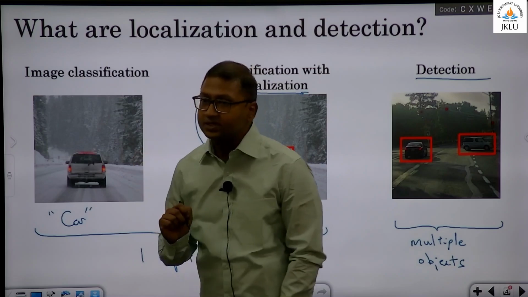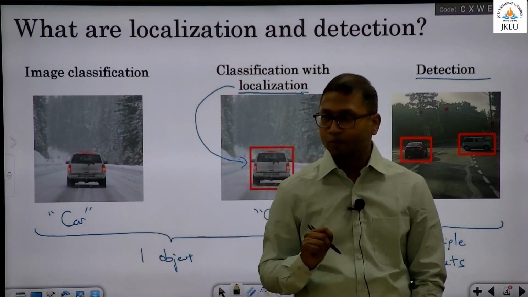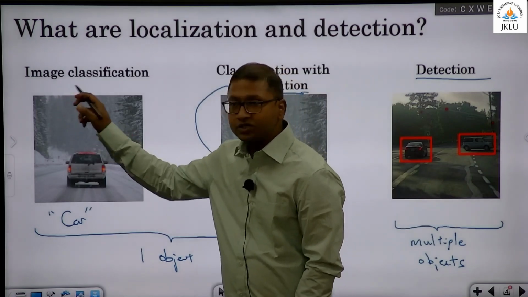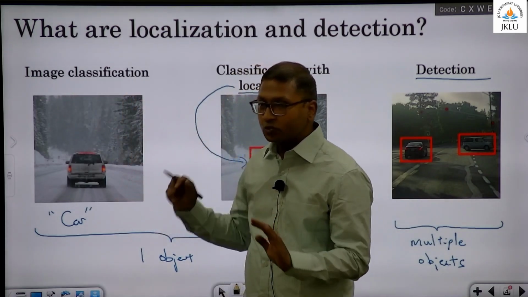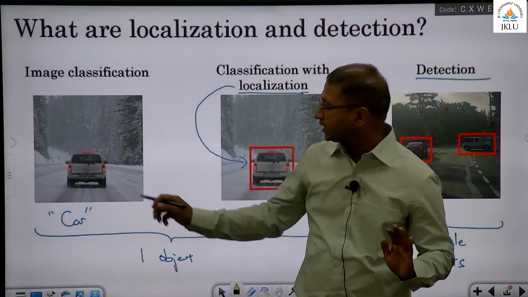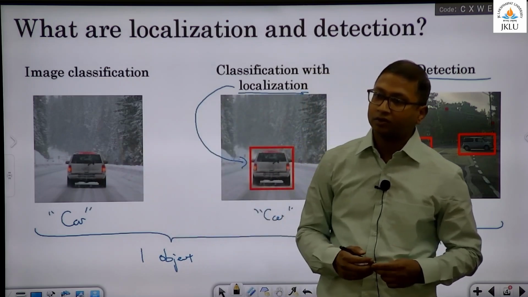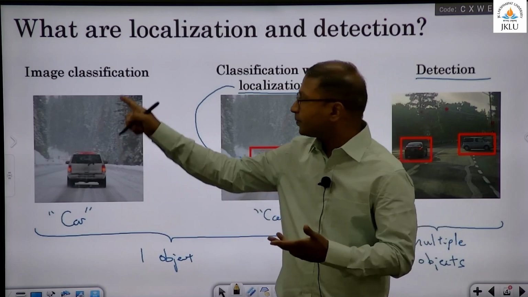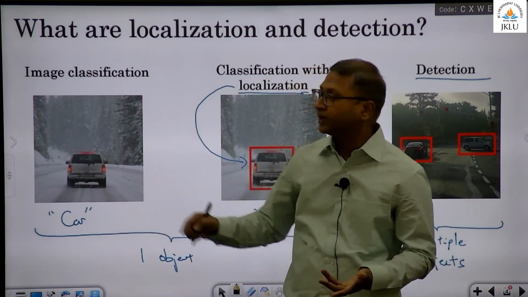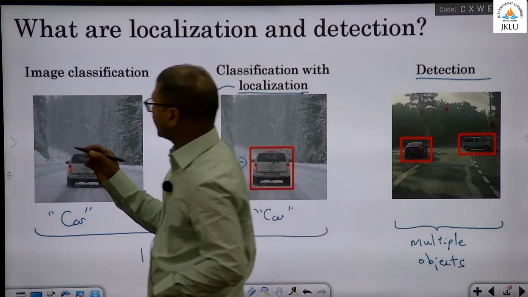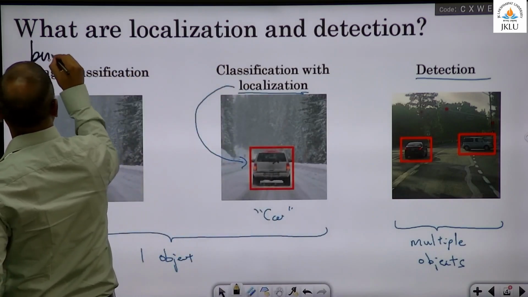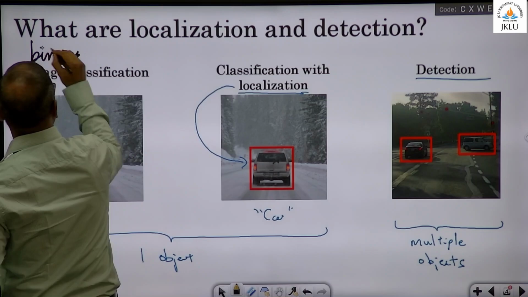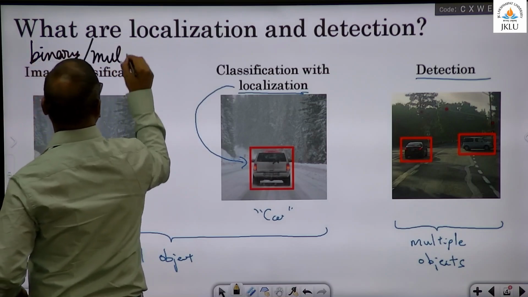What problem is this? In this whole image, you are supposed to answer just one thing: whether there is a car in it or not. It doesn't have to be just a binary classification, it can be multi-class as well.